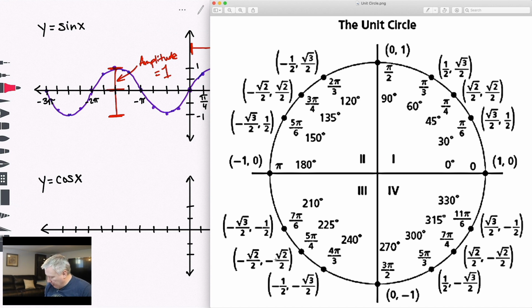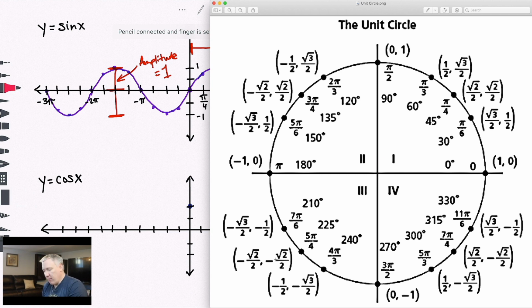Now let's see what happens if I do this same thing with cosine. Cosine on the unit circle is the x-coordinate. So if I plug in 0 for the angle, I don't get 0 like I did with sine. I get 1 because the x-coordinate at 0 is 1. So I end up getting a point up here at the top.